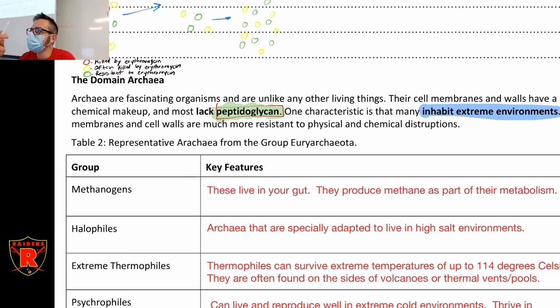They also have some things that we have as eukaryotes. Their DNA is wrapped around tiny little proteins called histones. Archaea have that, and bacteria don't have that. They don't have histones. So it's very likely that multi-celled organisms like us evolved from Archaea and not from bacteria. So this is a separate lineage.